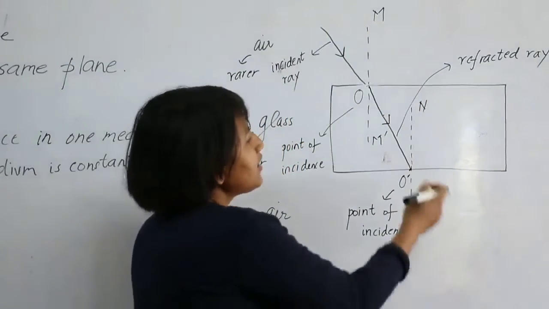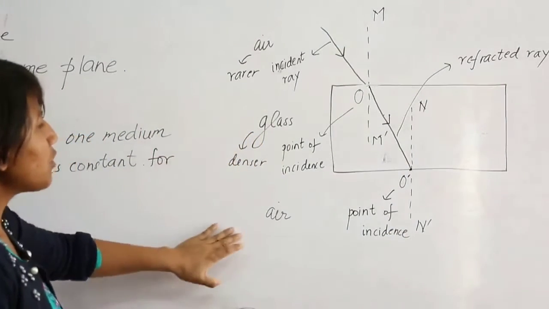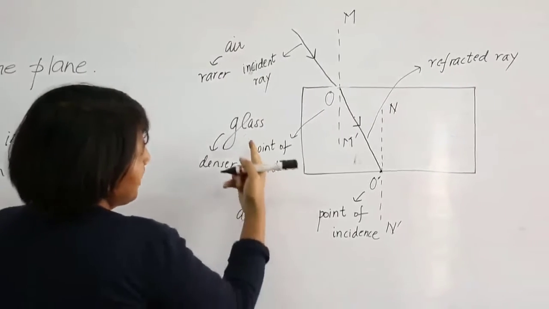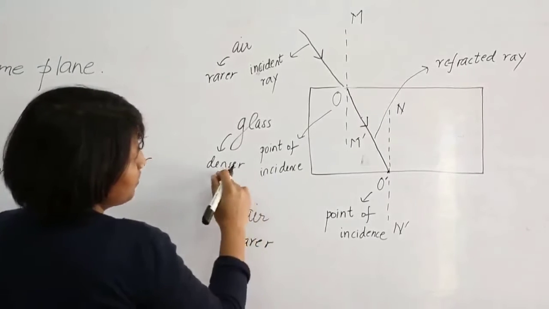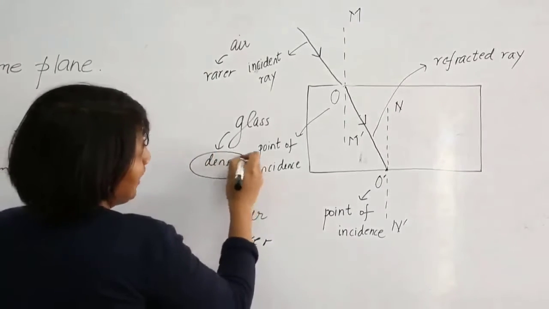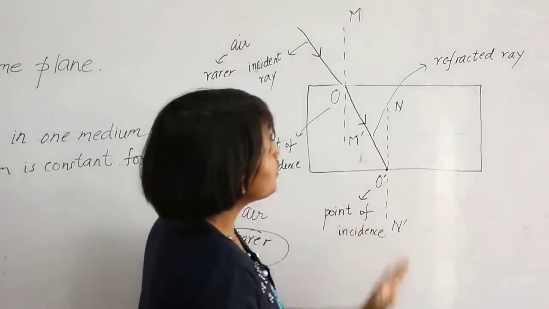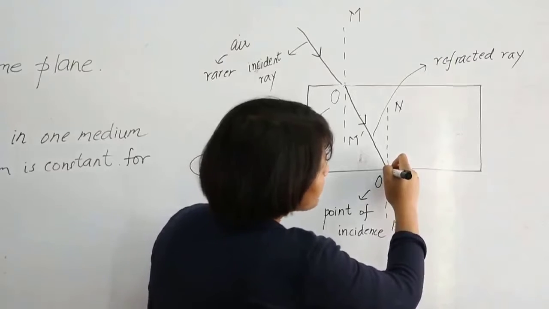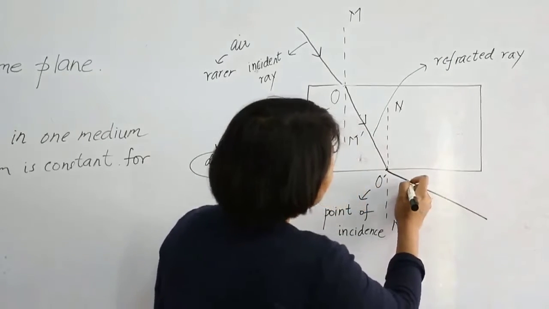Now compare glass and air again. The speed of light in air is more than in glass, so air is rarer and glass is denser. When light travels from denser to rarer medium, the ray of light, as a result of refraction, will bend away from the normal.